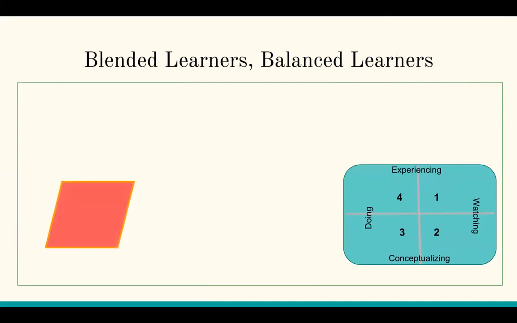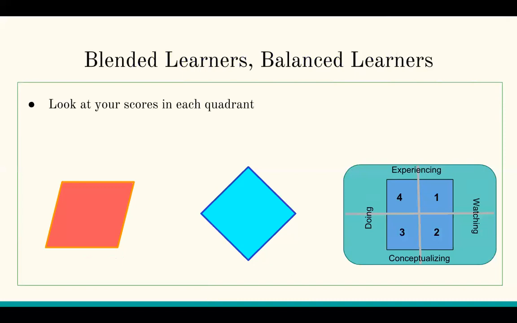Okay, so what we're trying to do is, if we have a learning style that is a diamond or is kind of shifted, one area is pulled more than the other, get to where we are more like a square, okay? So we're balanced in all of those learning quadrants that you see on your LTM.